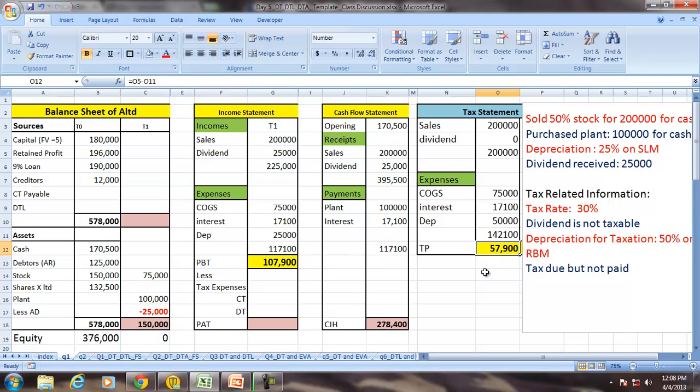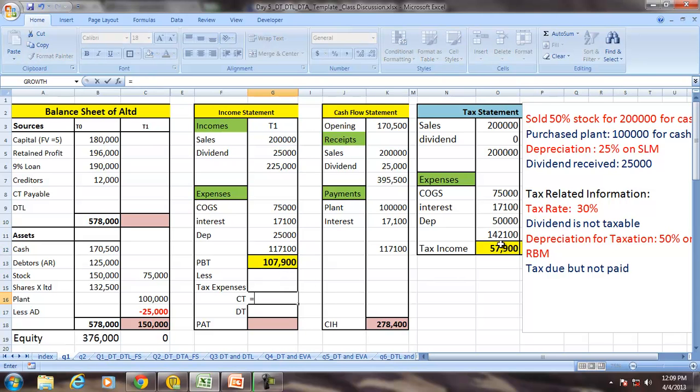So the taxable income, or taxable profit, is 57,900.